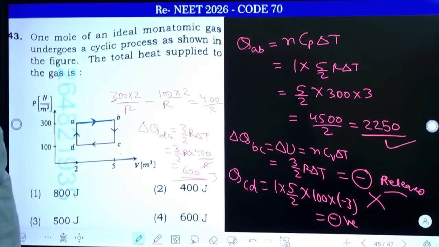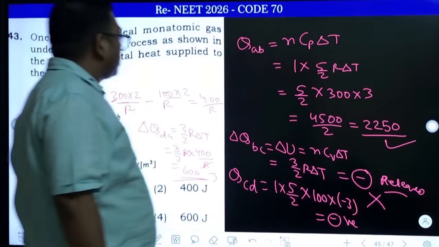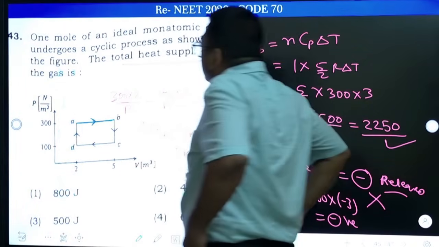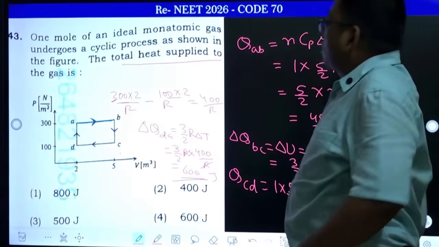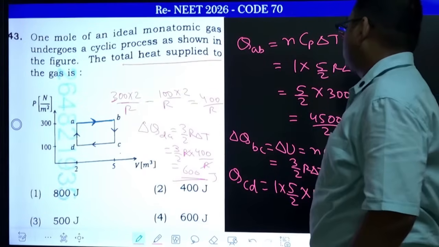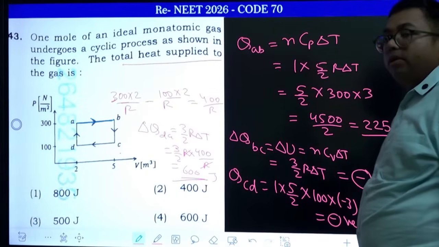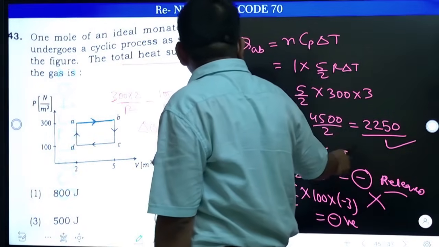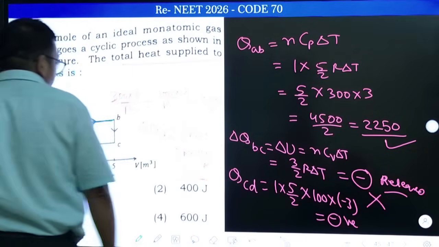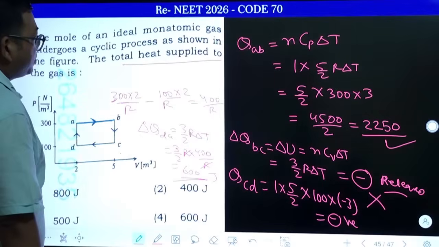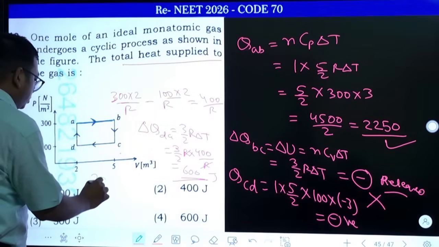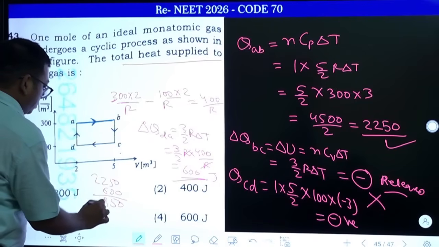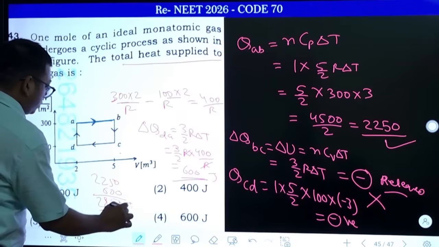Are they asking for total heat exchange or only heat absorbed? They are asking for total heat supplied to the gas. If they are calculating only the heat absorbed, then we have to do 2250 plus 600. So 2850 joules should be the answer.